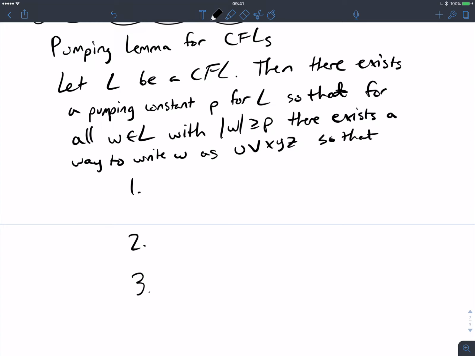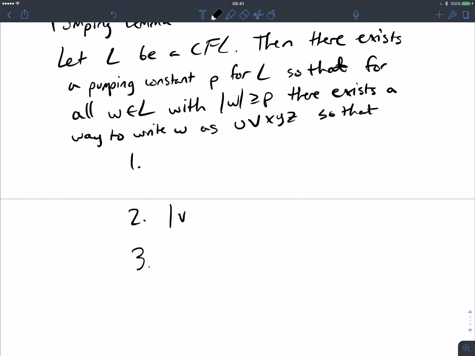Well, what's one of the conditions? The length of Vy here is at least 1. Okay, so that's the second condition. So here, now we're going to be worrying about 2 parts of the string instead of 1 being non-empty.